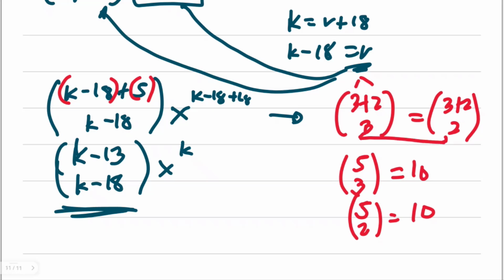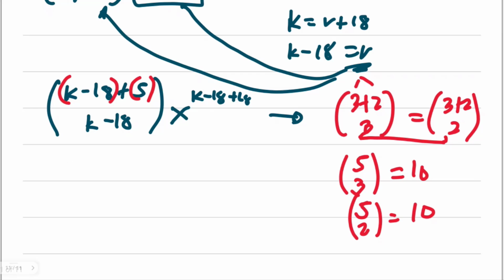I'm talking about this still very abstractly. What we can do here is, instead of k minus 18, write it in this manner: k minus 18 plus 5 combination 5.